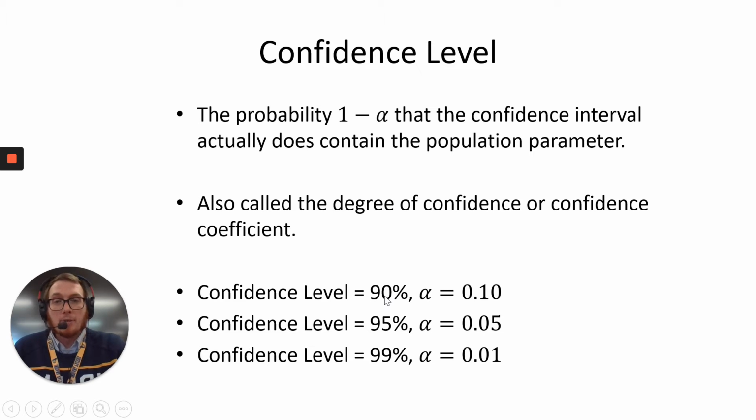So if it's a 90% confidence interval, my alpha level is 0.1, because 1 minus 0.9 would be 0.1. 95%, 0.05, 99%, 0.01. Now these alpha ideas are useful to get the z-score that we're going to be using for each of these confidence intervals. This is also called the confidence coefficient, this degree of confidence. There's a couple ways you can look at it. Our focus is going to be on these 3 as we're looking at our lessons.